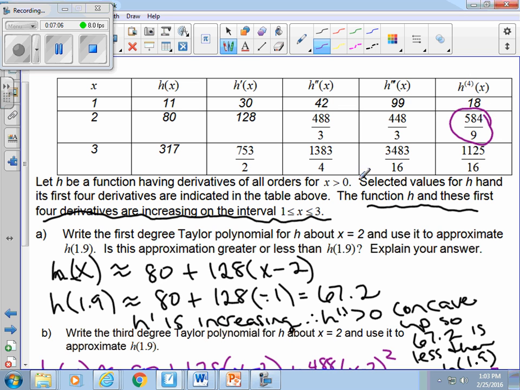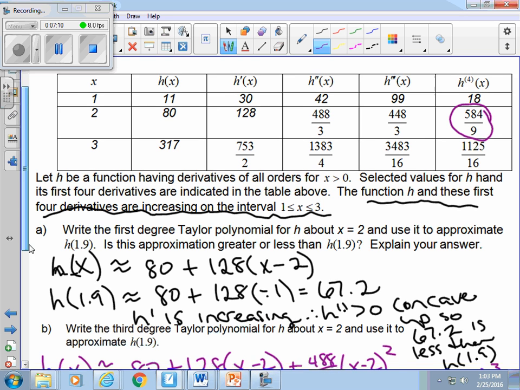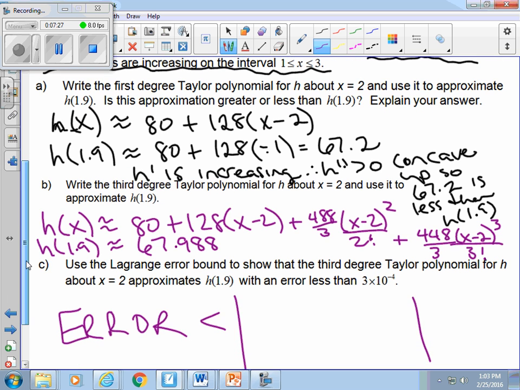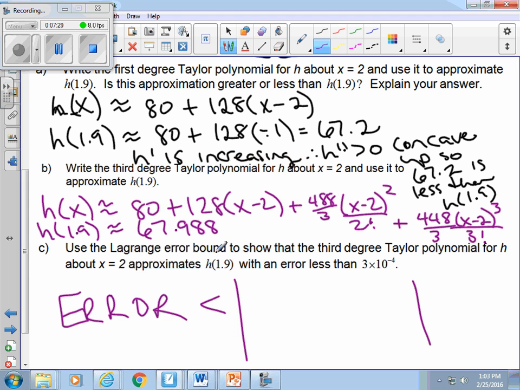That one's plenty. That right? Because we're trying to approximate h of 1.9. The highest the derivative could be between 1.9 and 2 is the value at 2.